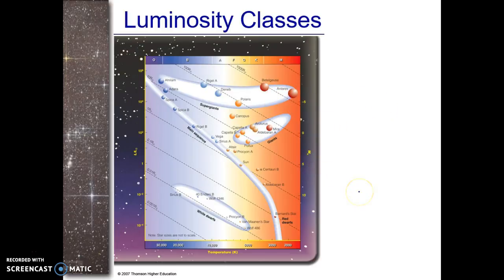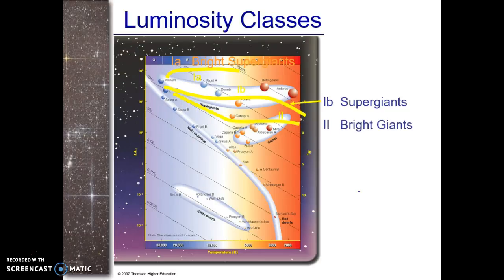Okay, luminosity classes. Let's see if I have. Yeah, here we go. Okay, you can't really see it too well, but you have your luminosity classes. Your class 1 is broken up into 1A and 1B. 1A is the bright supergiants. An example of that would be Rigel. Okay, and then you have your 1B, which would be your supergiants, and an example of that would be Polaris.